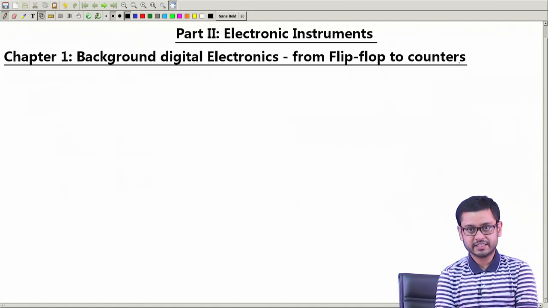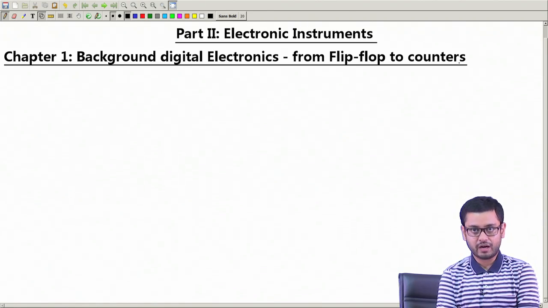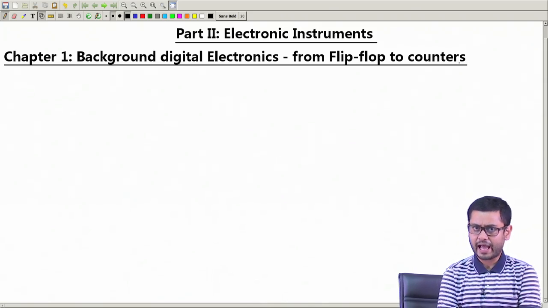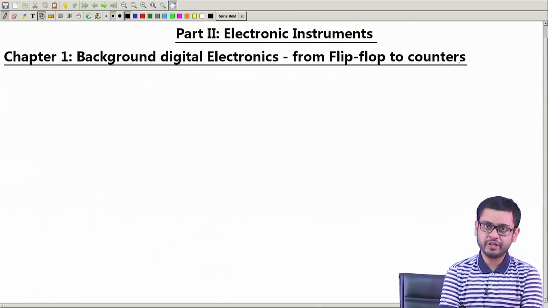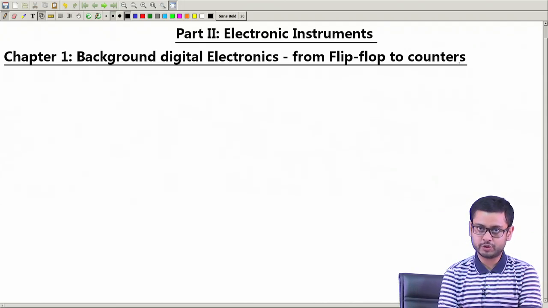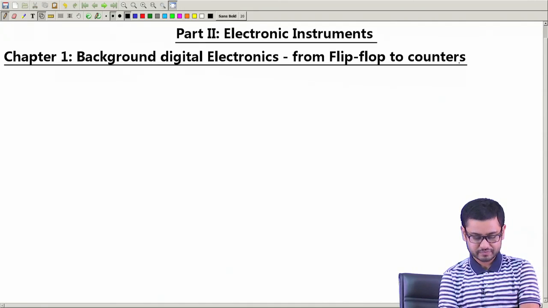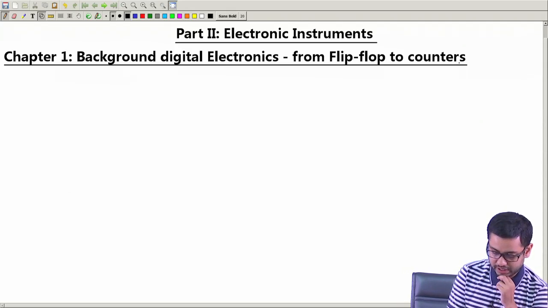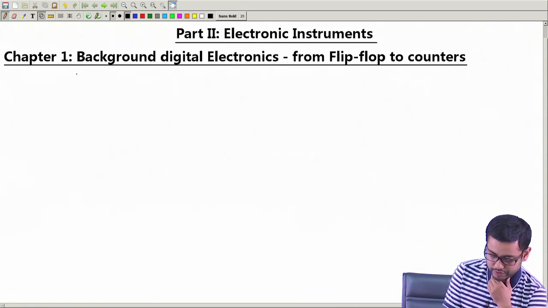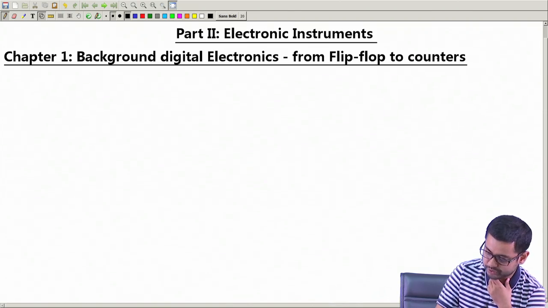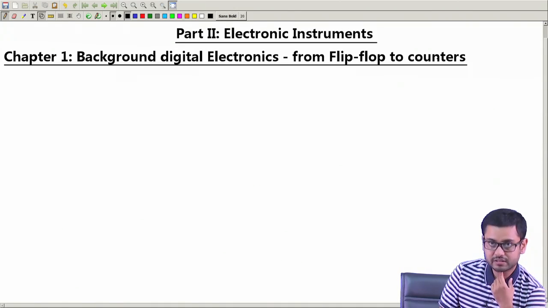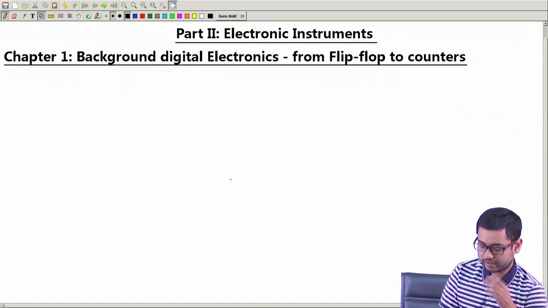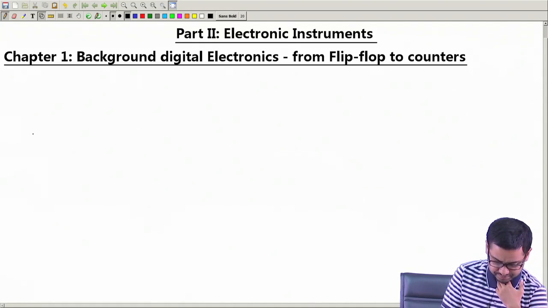We will spend a significant amount of time understanding the basics of digital electronics and op amps, and then we will dive into the heart of this course. This is our first chapter today, and in this chapter we will start our discussion from flip-flops and go up to counters. We will develop counters from flip-flops.